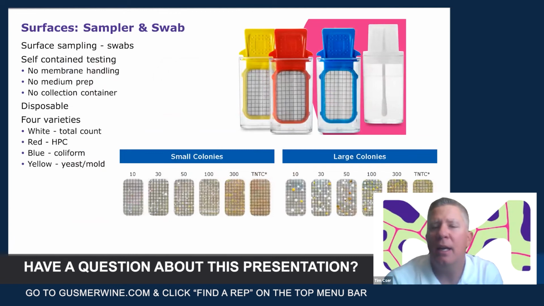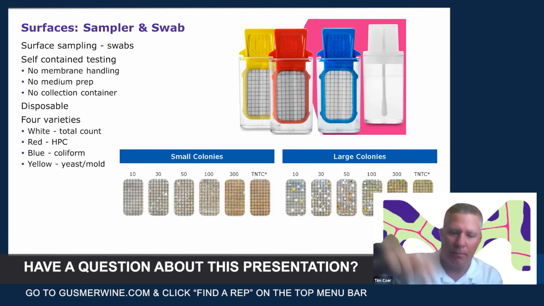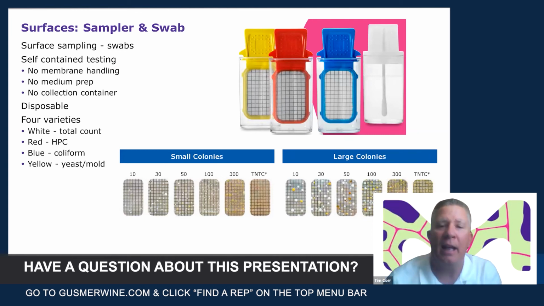I wanted to throw these in there. These are just paddles with media and also a swabber. The white one with the swab has buffer in it. You take your sample, rub it on an area, put it in the liquid, and then you put the paddle in the liquid, and the paddle has media on it, so that your whole sample, your swab inside of that buffer, gets mixed in with the media, and then you get your colonies at the bottom.